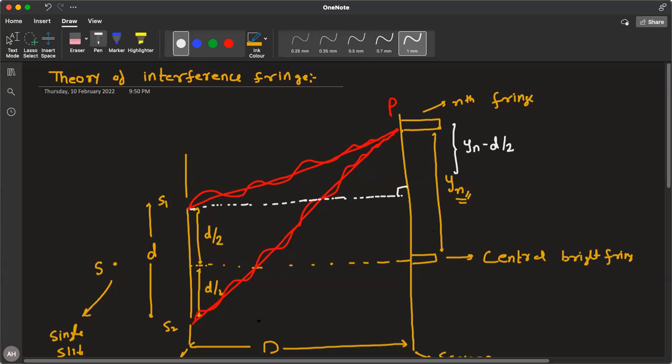And similarly, if I drop a perpendicular here, this is yn, this distance is d by 2. So this whole separation up to here will be yn plus d by 2. Draw this diagram, then we will start the calculations. Let's name this point n and this one m.